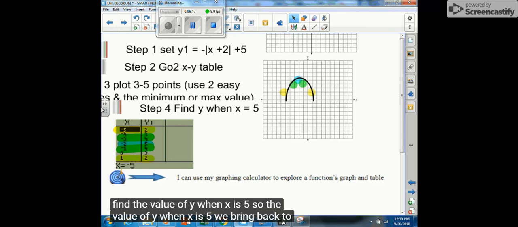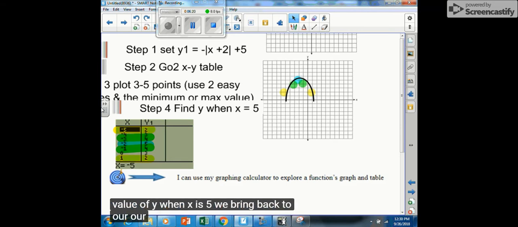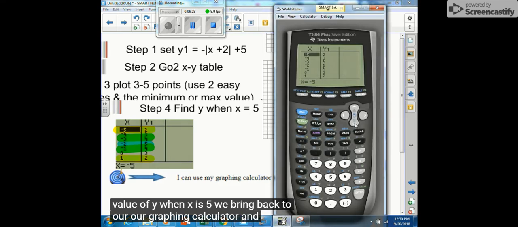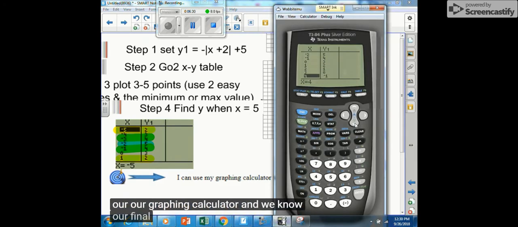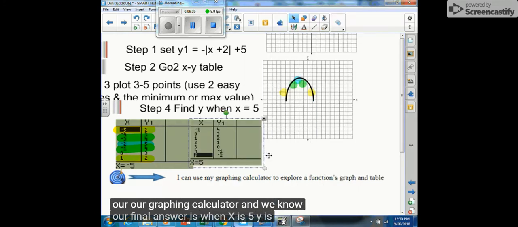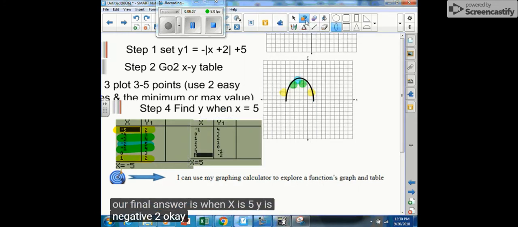We bring back our graphing calculator. Just land it right there. And we know our final answer is when x is 5, y is -2. Pause the video, do what you got to do, and come on back for part 3.